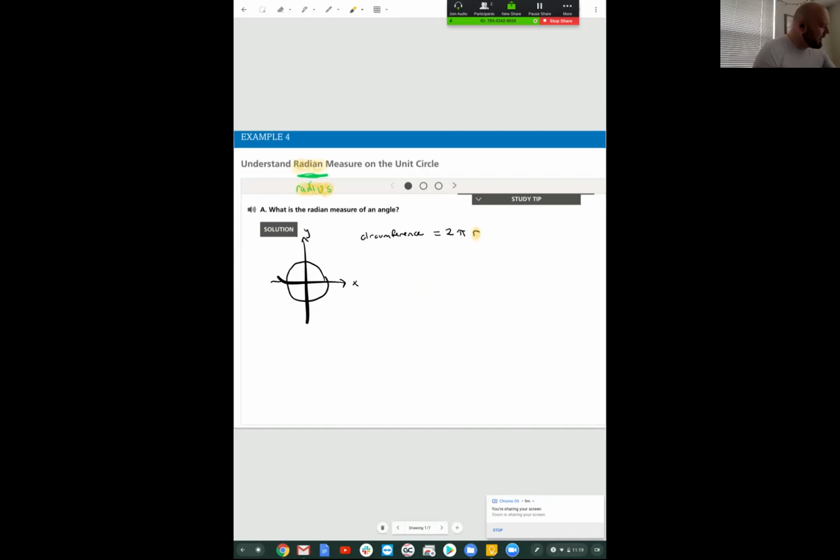So let's say that we're looking at a unit circle here. Let me label on my circle that from here to here is a distance of 1 unit. And that makes this a unit circle now. So my radius is 1. So what's the circumference of a unit circle?